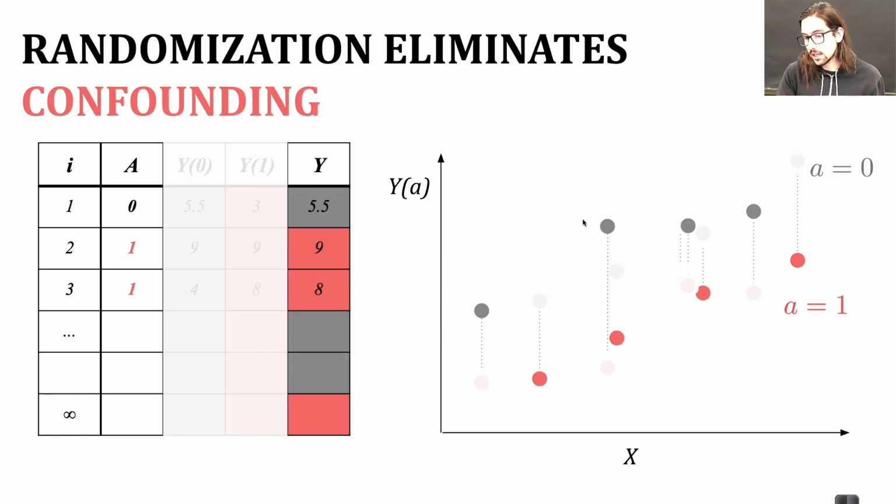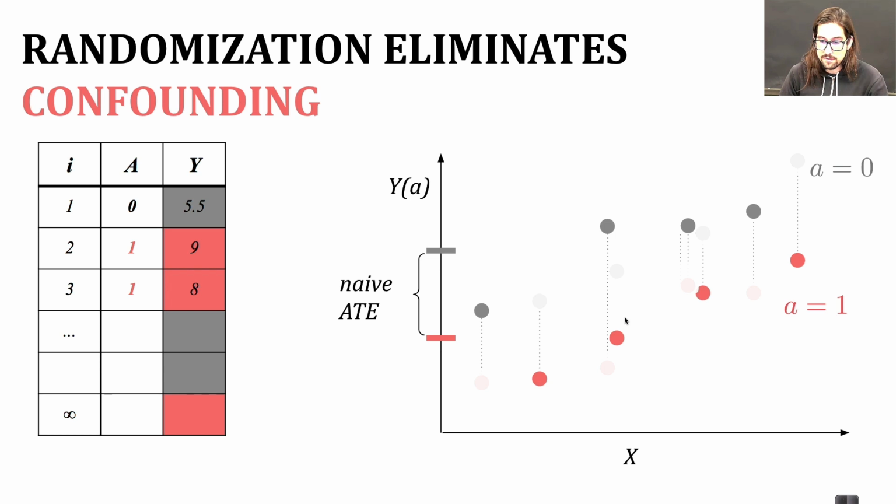By randomizing, you've spread these both out along the x-axis, and indeed along any other possible axis you could imagine. Age, whatever, it's independent of everything because you randomized. So you've made sure that the treated and the untreated populations have the same distribution of everything. And so the only difference that you're observing is the difference in the effect of treatment. So that fixes the problem.